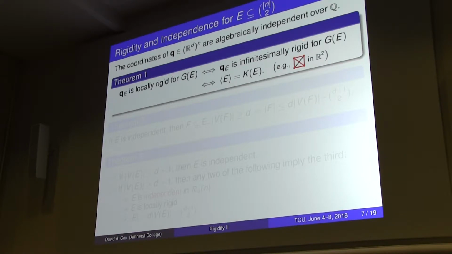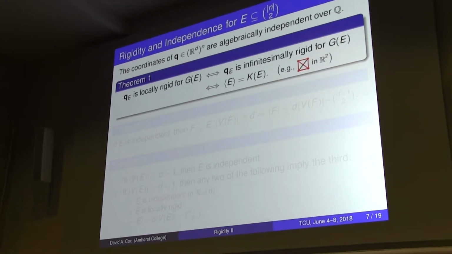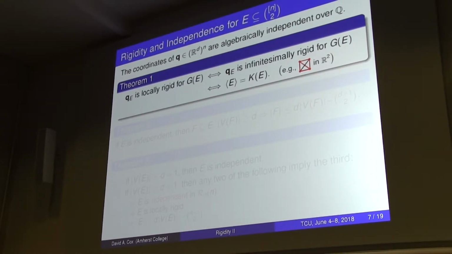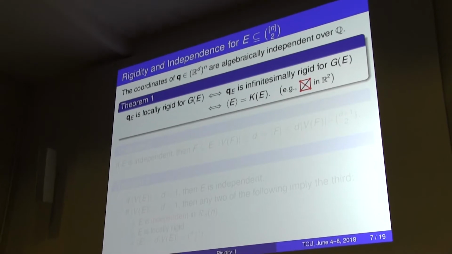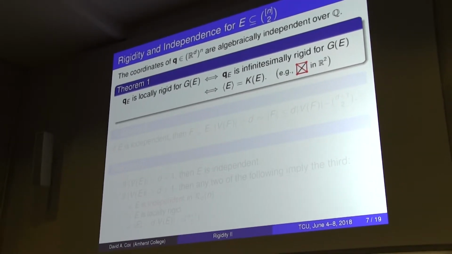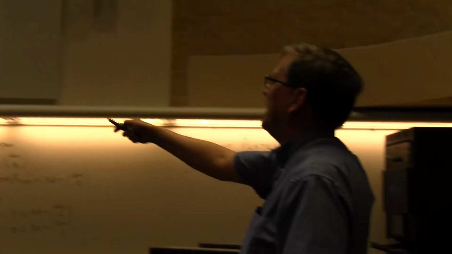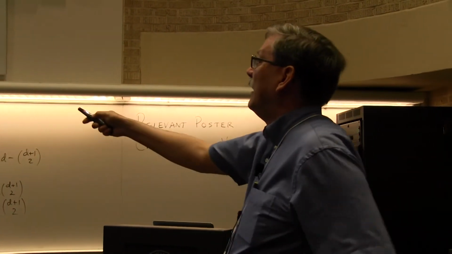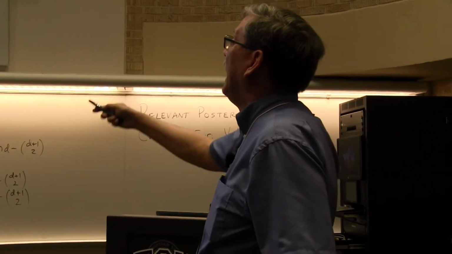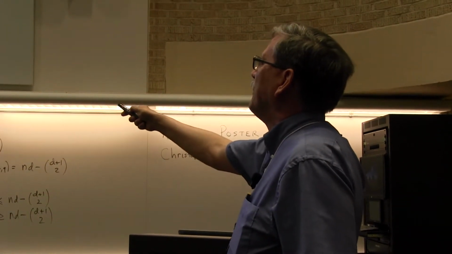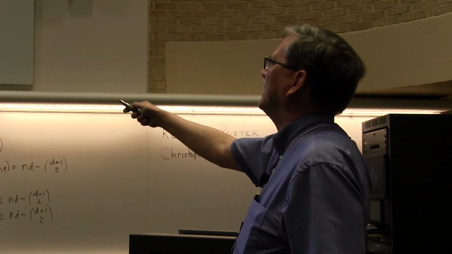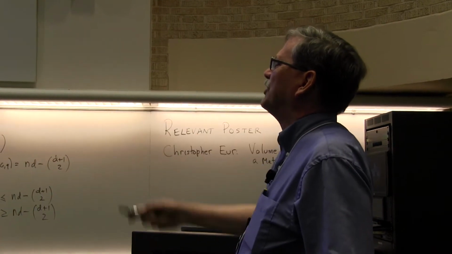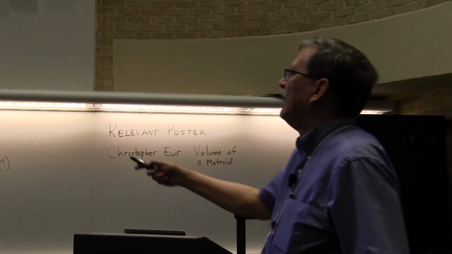Because I'm in this extremely generic setting, local rigidity is equivalent to infinitesimal rigidity. And remember the example that I gave where these two concepts were different. That was a very special configuration. Once I go generic, these two are the same. And that's equivalent to saying that these two kinds of closure operations coincide.